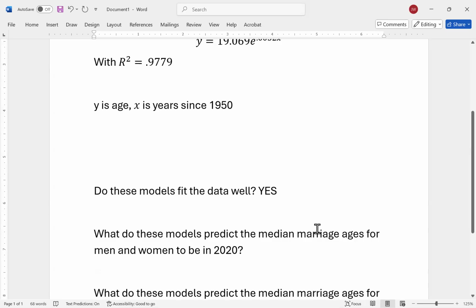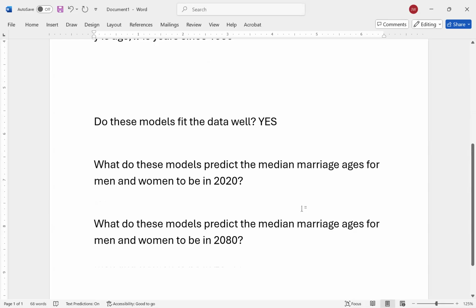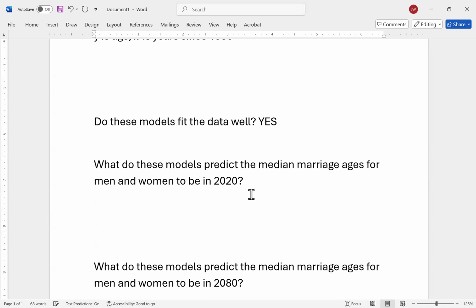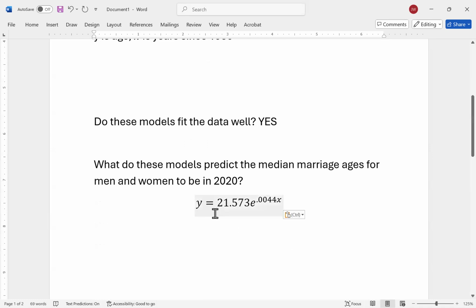And then we'll move on and say, let's predict the median ages for marriage in 2020 based on the equation. Well, for men, it's this equation. Remember, X is years since 1950. So in this case, X is going to be 70 since 2020 is 70 years beyond 1950.